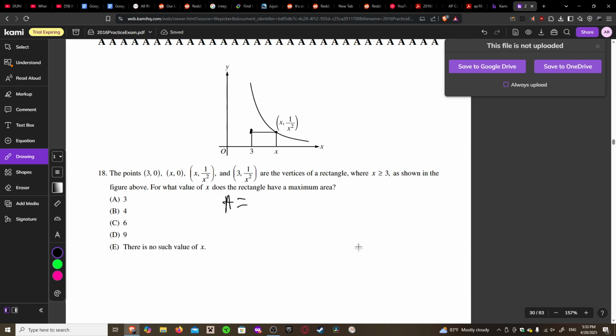The area of a rectangle is length times width, right? And we're looking for this.